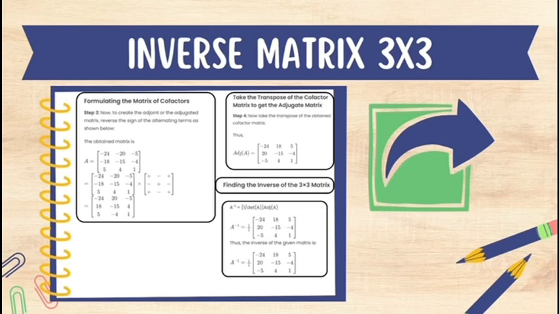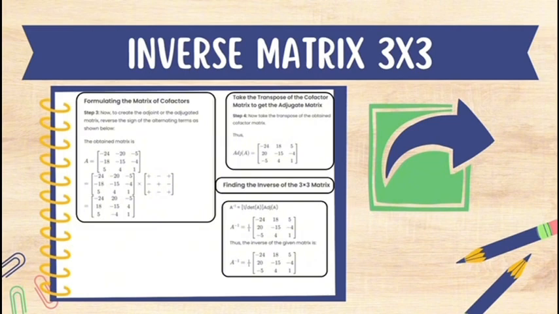Multiply it by the sign pattern positive, negative, positive; negative, positive, negative; positive, negative, positive. The result is negative 24, 20, negative 5, 18, negative 15, 4, 5, negative 4 and 1.